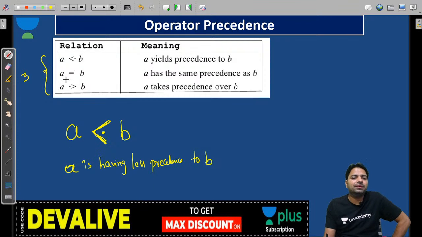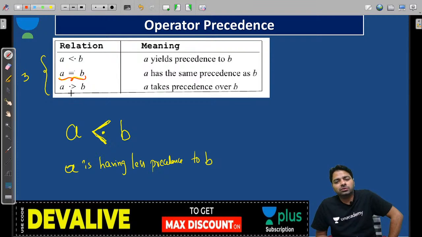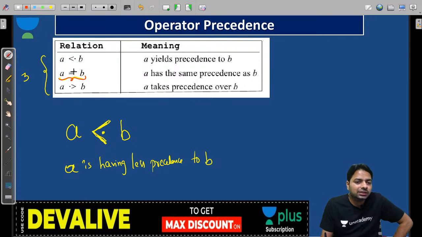And similarly we'll have A equal to B. When A and B have equal precedence, and you want to maintain that precedence, then you write the equal operator along with a dot.